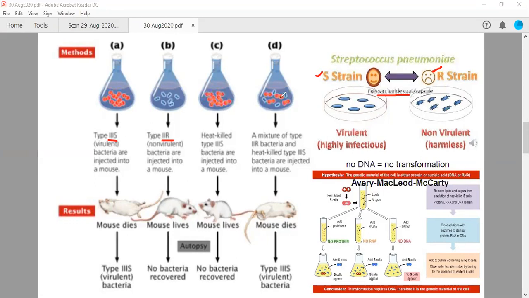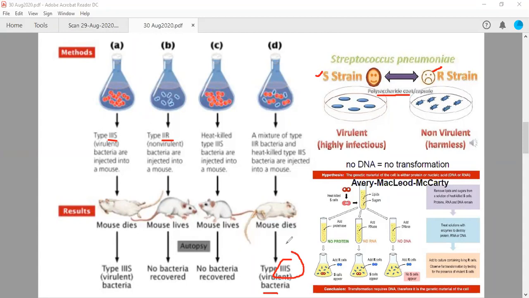Ultimately, what happens in the transformation principle? This was a surprise because Griffith mixed the two together: the heat-killed 3S and the live 2R strains. When the mice died and he did an autopsy, he was able to recover the 3S strain, live bacteria.